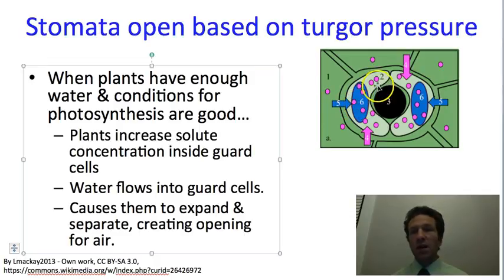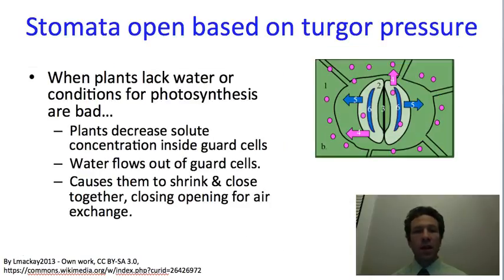In other words, these guard cells are going to swell up with water. Well, as they swell with water, they are going to expand. And because of the particular way that fibers are arranged in their cell walls, as they expand, it's going to create this opening, this black circle right here, and this is the opening through which air can pass.